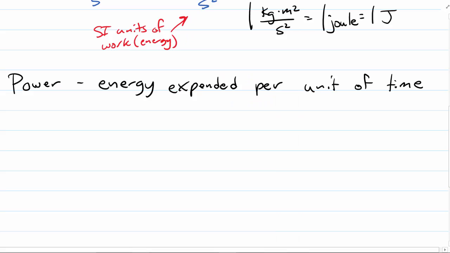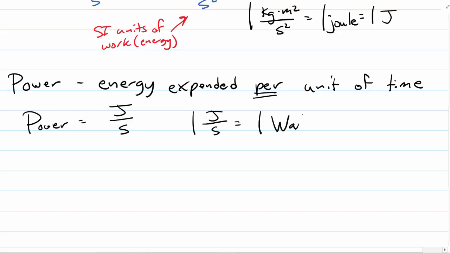Power is equal to, how do we calculate it? J over s, exactly, because mathematically the word per means to divide. So the units of power would be joules over seconds. And we say that a joule per second is 1 watt, which we abbreviate with a capital W.